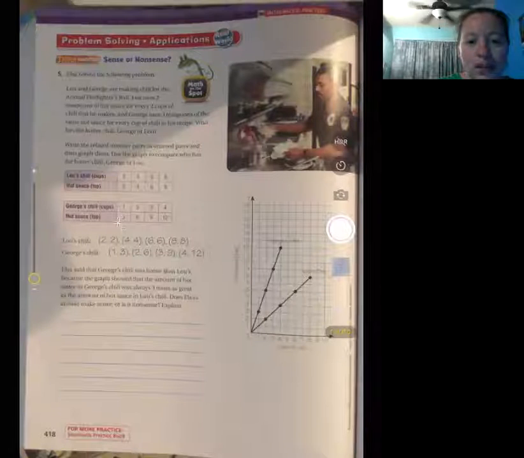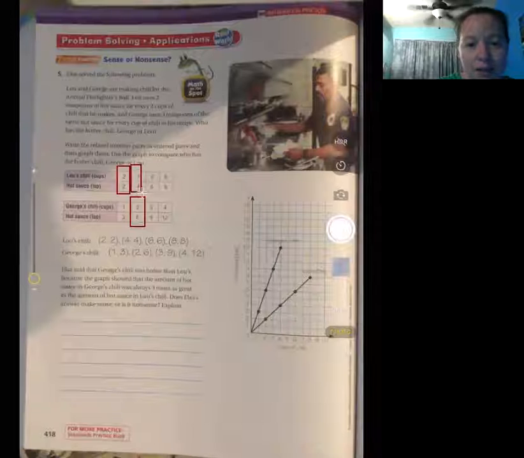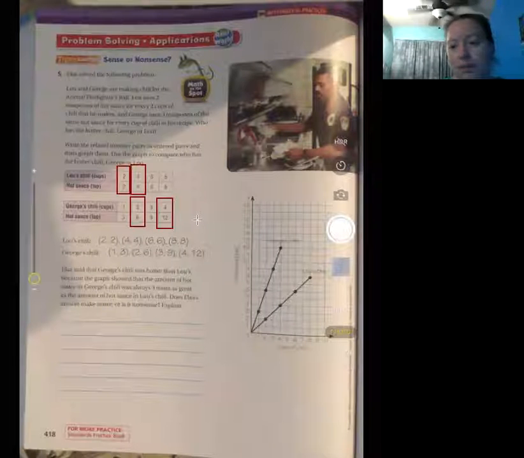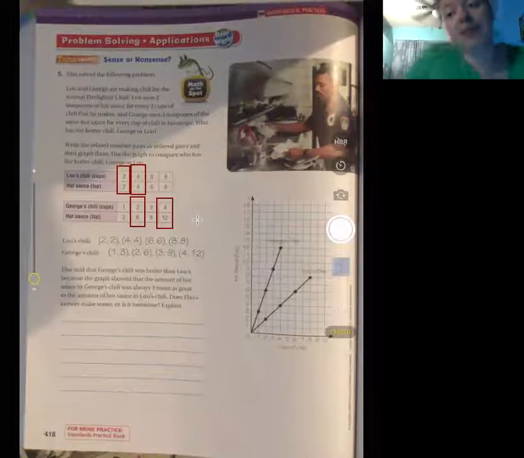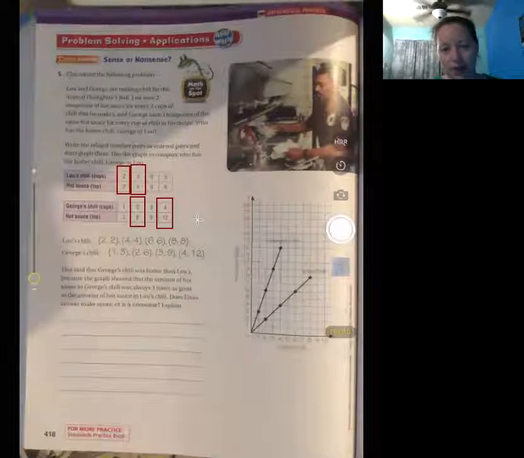So not at the 1 cup, because we have no idea, but where it's 2 cups of the chili, we're going to compare that. And we're going to compare where it is 4 cups of the chili. Those are the only ones where we have the same number of cups of chili.